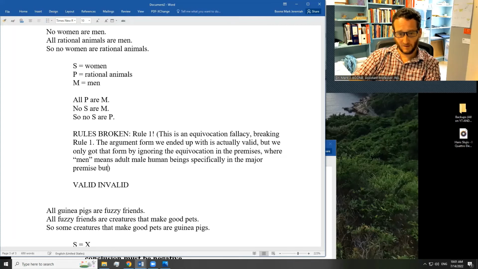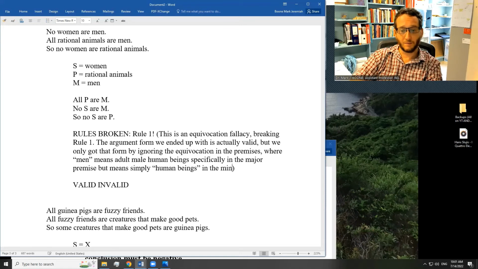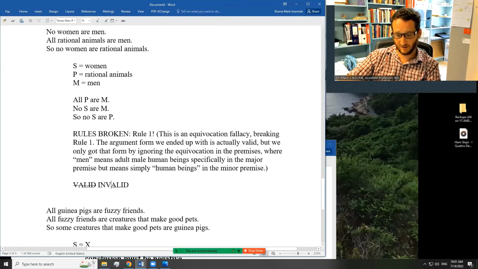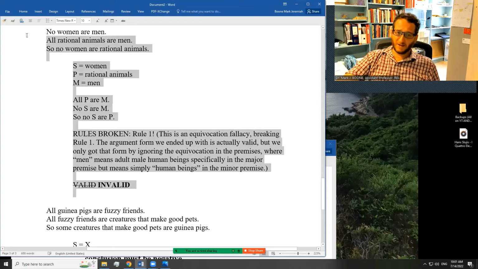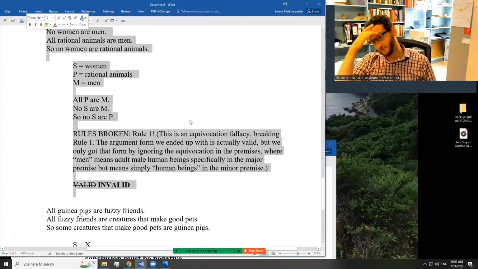But the word men means human beings in the minor premise. And so the argument is therefore decreed to be invalid by virtue of committing an equivocation fallacy. Actually, this might be the best way you could do it. Now, let me see if I can suggest an alternative strategy.